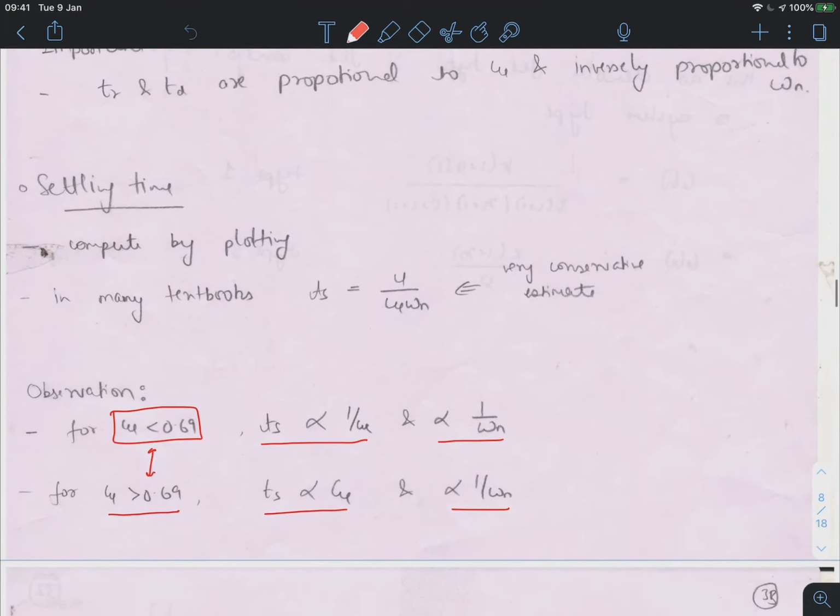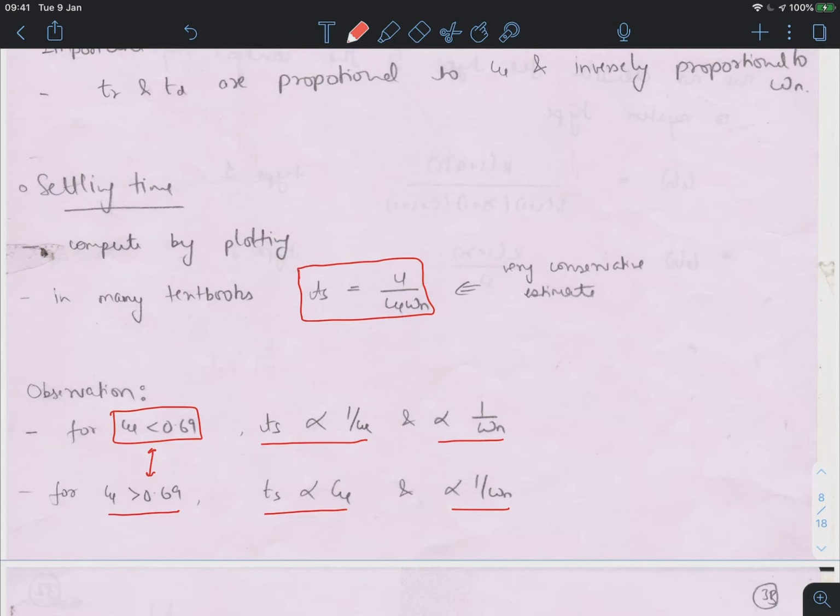Okay, here the settling time. So Ts, we said that this is the one you're talking about, right, Nilotpal? Okay, so here we have Ts is equal to 4 upon xi omega n.